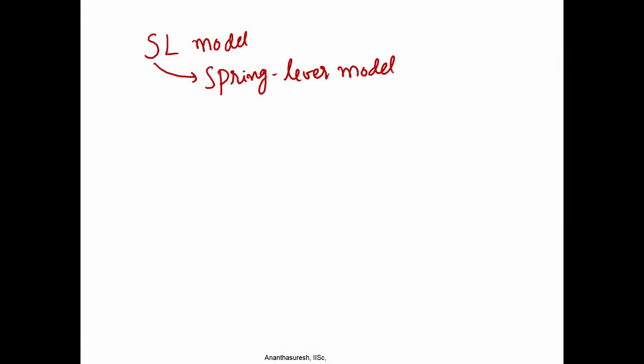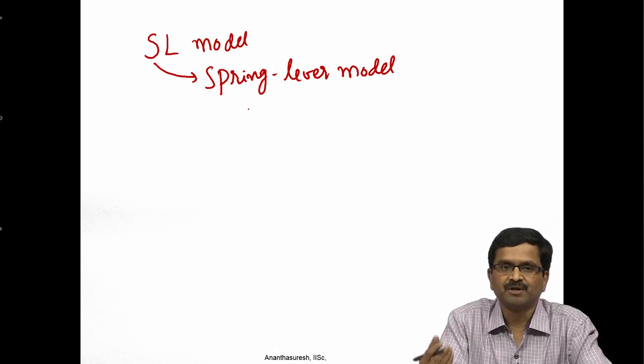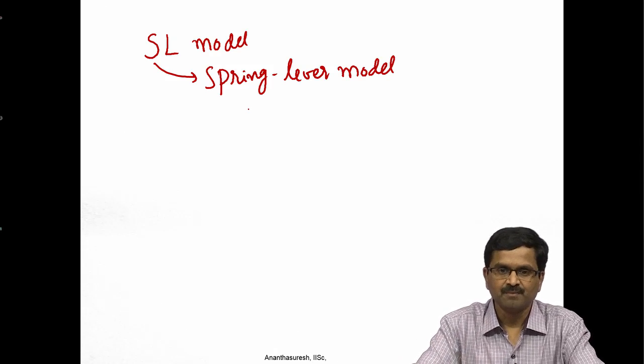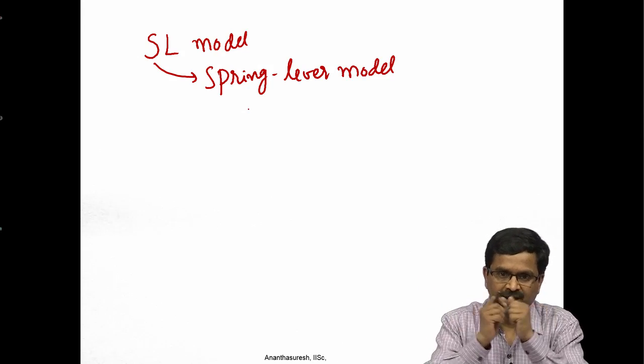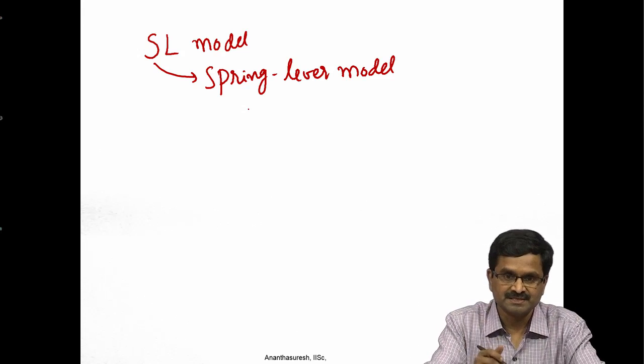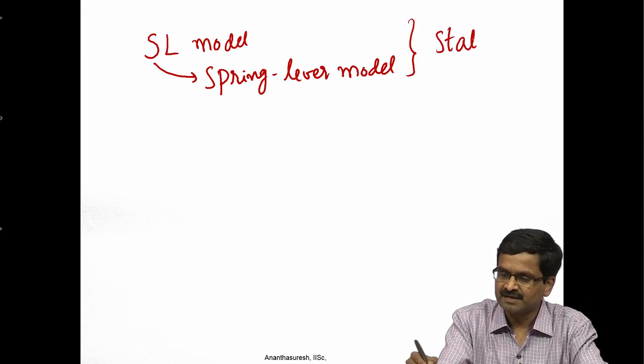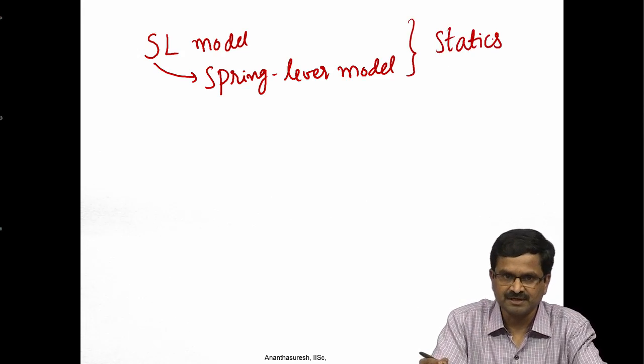We do call them properties because they capture the effect of a compliant mechanism when you look at it from the terminal model. That is, there is an input terminal, output terminal, or you can call it input port and output port. Between the input and output, what happens is captured by this SL model for statics. That is, static response is what you are interested in.